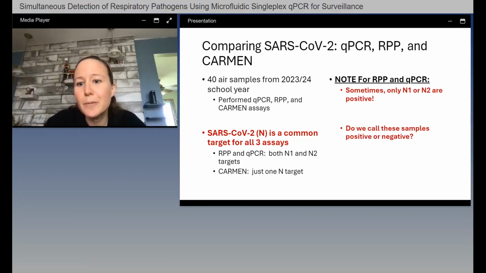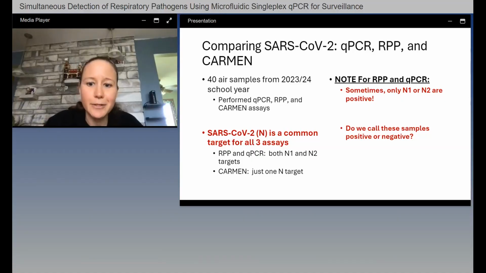So one note for RPP and qPCR: sometimes only one target, N1 or N2, is positive. We think that these samples are actually positive for SARS-CoV-2, but maybe just at such a low level, or the virus is degraded enough that only one target is able to amplify. But we've gone back and forth on how we should call these samples.